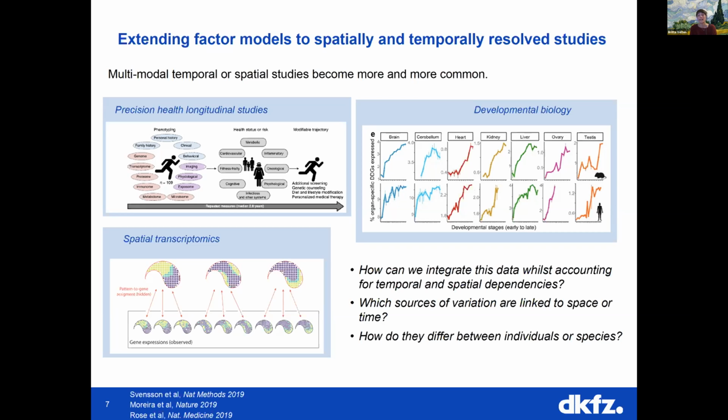And in such data sets, we of course again want to integrate these different data modalities, but we also want to account for the temporal or spatial dependencies that are naturally present between the samples in such data. And so we would like to understand which sources of variation are linked to space and time and how they differ between individuals or species.